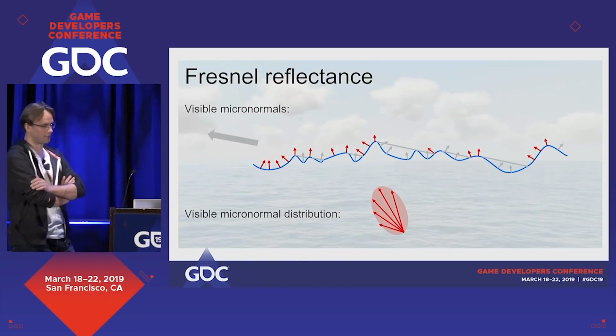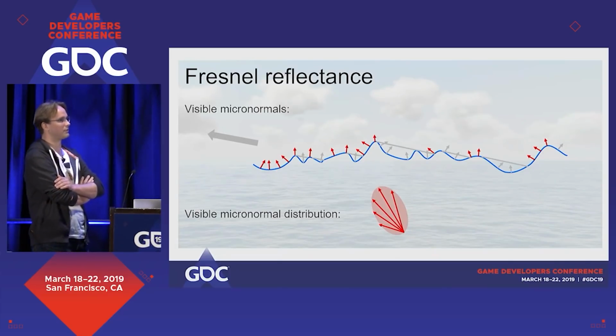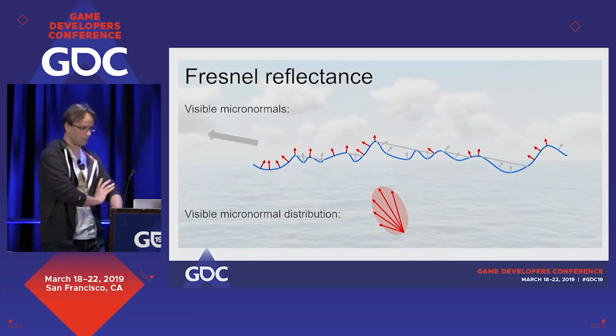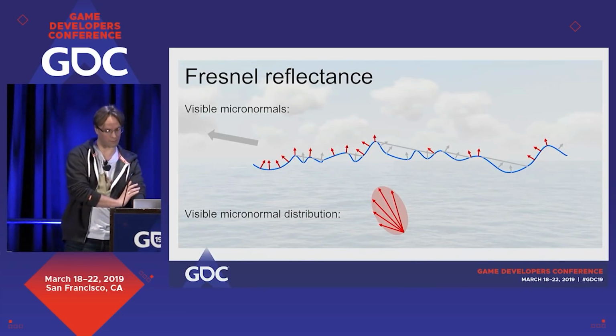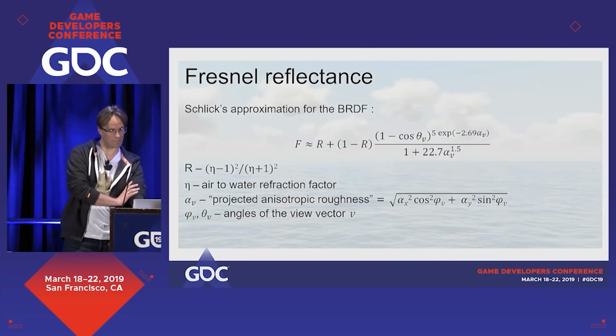Now the Fresnel reflectance. Again, waves do obstruct each other, so the distribution of normals that combine and project to your pixel will be tilted. The normal distribution does not average to vertical anymore. And again, we are lucky. An approximation for the microfacet BRDF Fresnel does exist, so we just use it in our case.